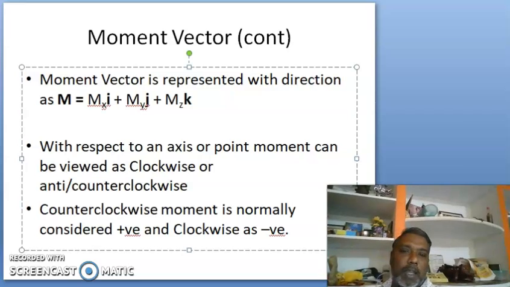So the moment vector is represented with direction in a single expression as M vector is equal to Mx into i vector plus My into j vector plus Mz into k vector.